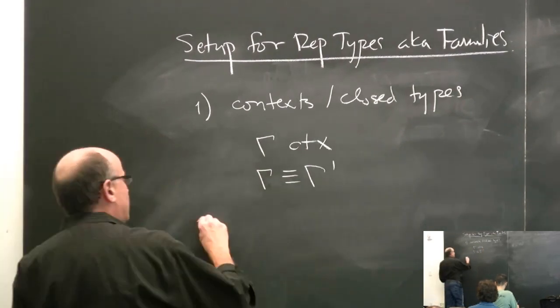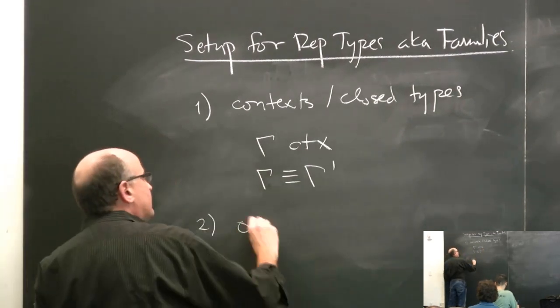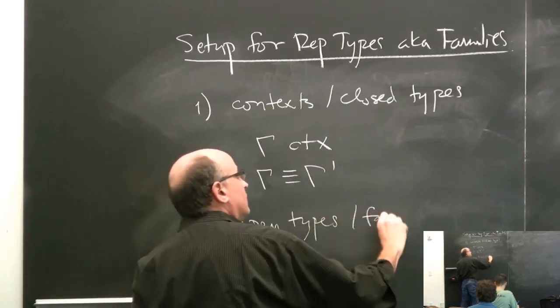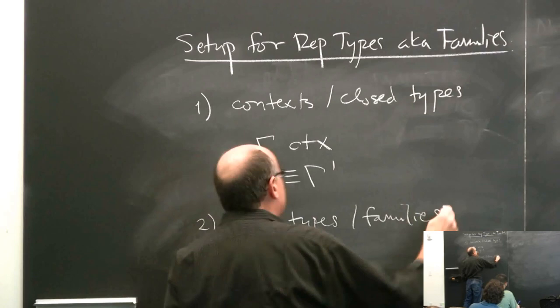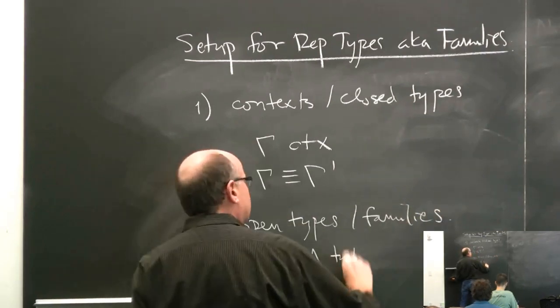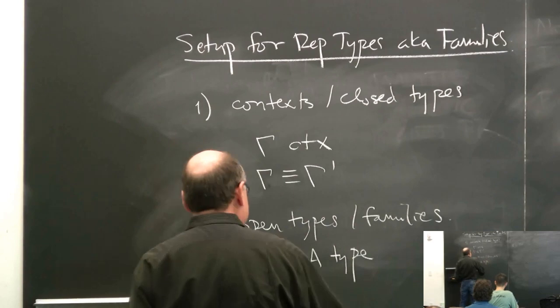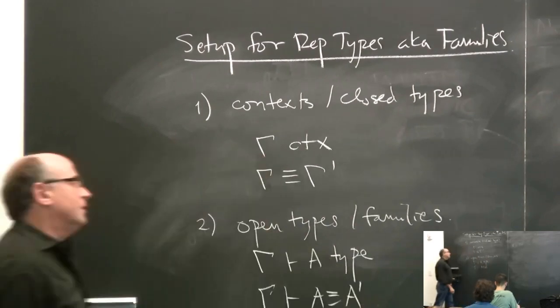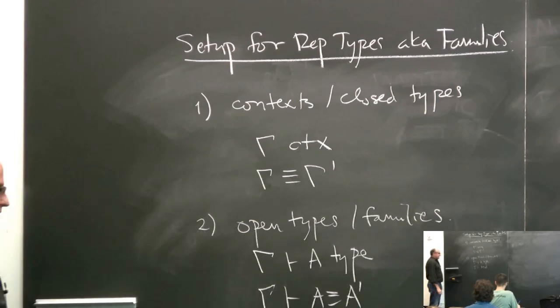So that's one setup. Then we're going to have the open types or families, which is: in a context gamma, A is a type. And in a context gamma, A and A prime are definitionally equal types. So that's a setup we need.